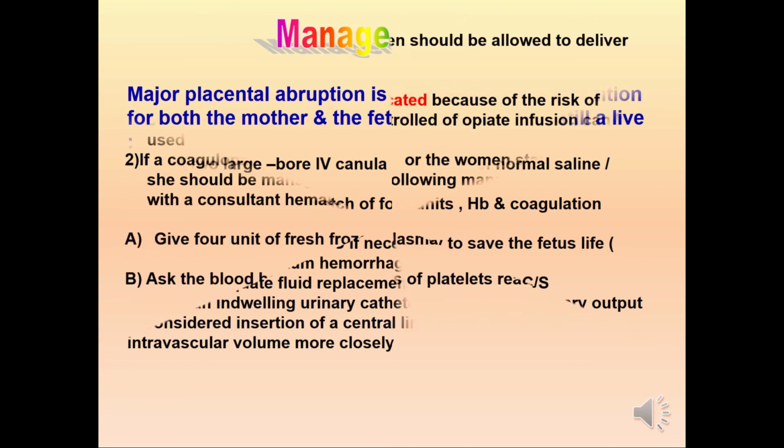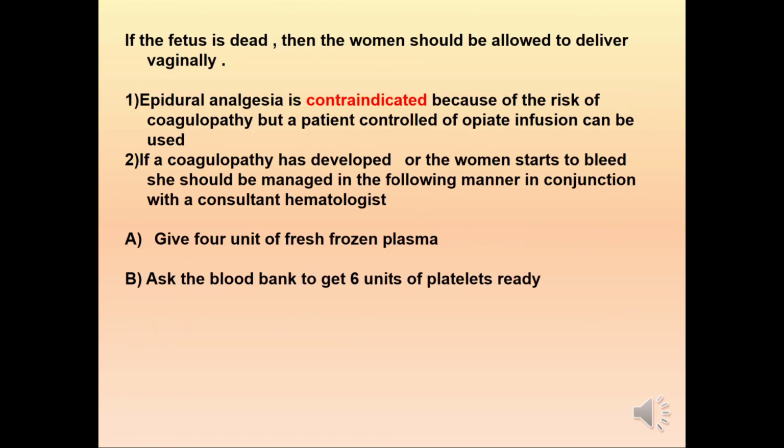If the fetus is dead, then the woman should be allowed to deliver vaginally, but also with resuscitation. Epidural analgesia is contraindicated because of the risk of coagulopathy, but a patient-controlled opiate infusion can be used.